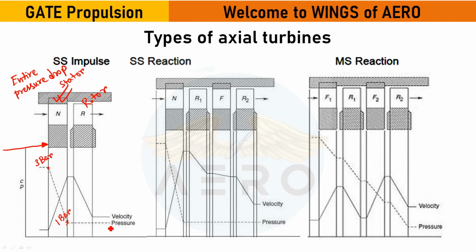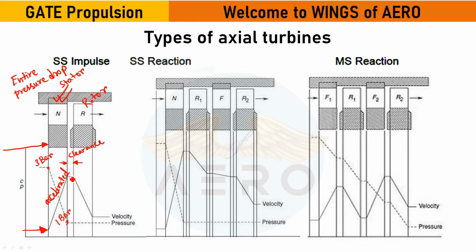But let's see the velocity. When the hot gases are coming out and entering the turbine, they have some velocity. When crossing the nozzle, the flow gets accelerated. The gap between the nozzle and the rotor is called the clearance.